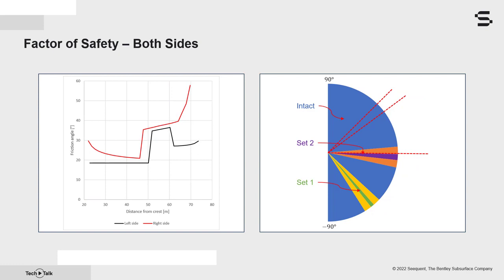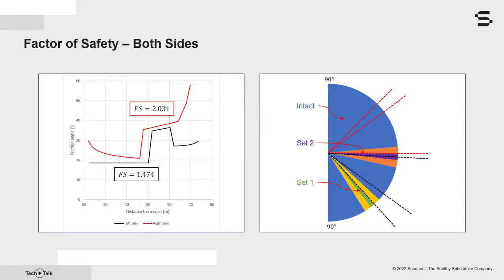This assemblage of base angles and the corresponding friction angles yields a higher factor of safety than for the left side. The left side of the slope had lengthy sections of its slip surface which mobilized low friction angles in the low resistance joint sets.